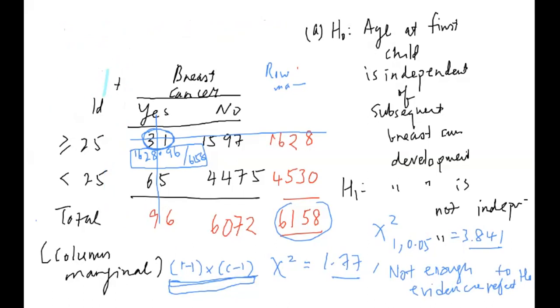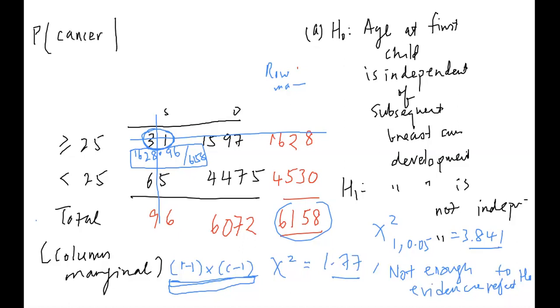Now we can actually calculate the probability of developing breast cancer for the age group of more than 25, right? So this will be 31, okay, 31 of them out of 1628, right?